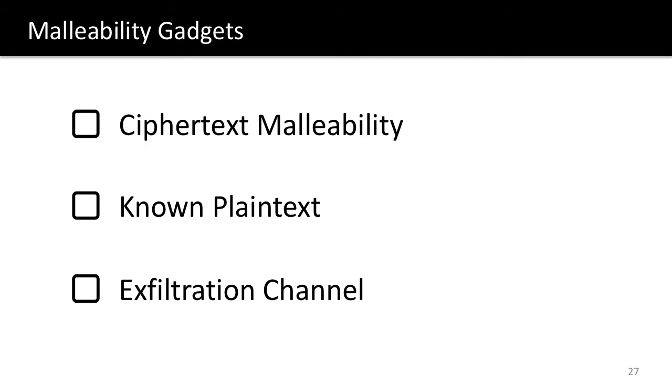And third, we need an exfiltration channel to basically leak the plaintext to the attacker. And well, we already have that because we can reuse the exfiltration channels that I've shown you previously, like PDF forms, hyperlinks, and JavaScript. So we can already check this box, right? Nice. Let's talk about ciphertext malleability and what we call gadgets.